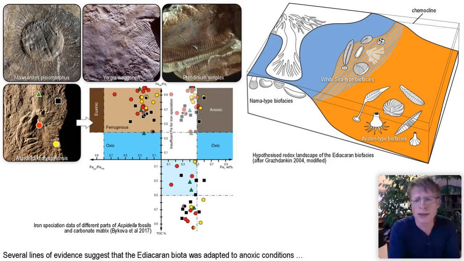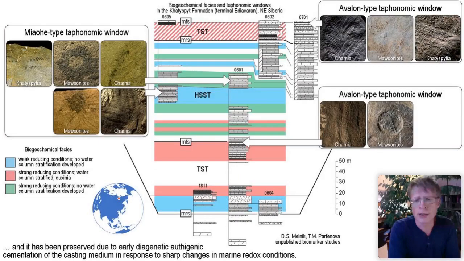And this is new, unpublished data from an Ediacaran section from Arctic Siberia, where you can see the results of the study of uranium isotopes by J. Kaufman and biomarkers by colleagues in my institute.